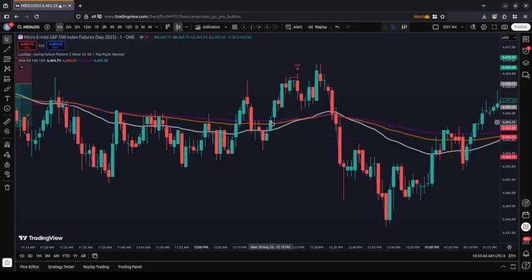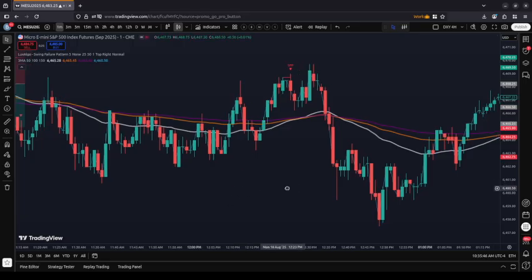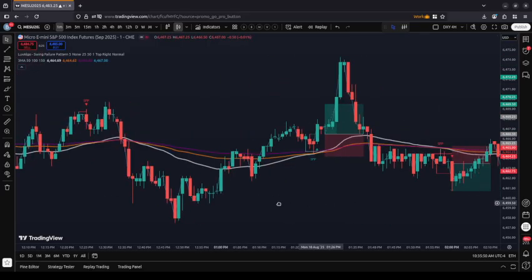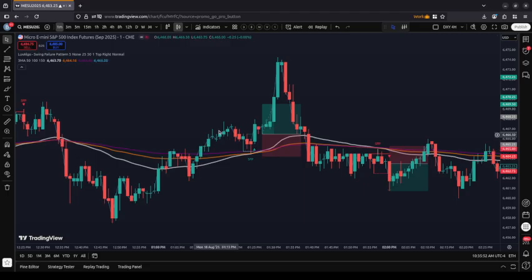Get a little choppy here around noon. You have a move up, pretty corrective move, but you get above the moving averages. This is the 50, the 100, and the 150. I just use it to make sure our swing failure patterns are going in the right direction.